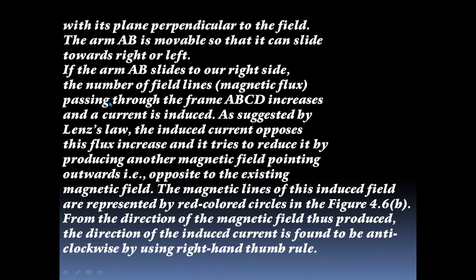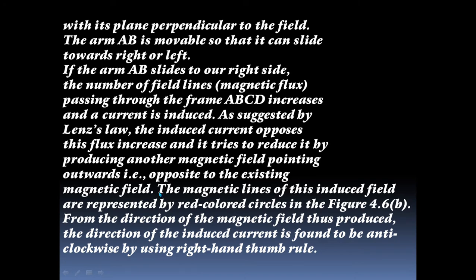So here, if the arm AB slides to our right side, the number of field lines, the magnetic flux passing through the frame ABCD, increases and a current is induced. As suggested by Lenz's law, the induced current opposes this flux increase and tries to reduce it by producing another magnetic field pointing outwards, opposite to the existing magnetic field.